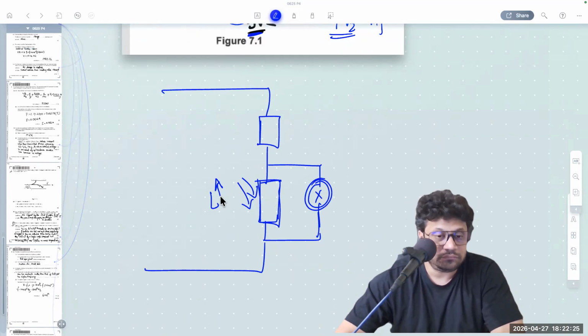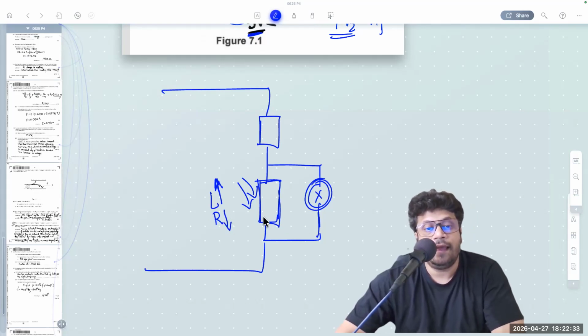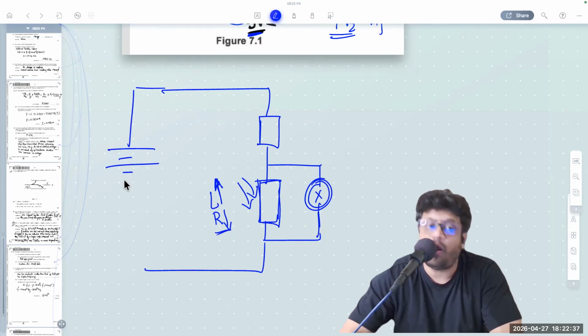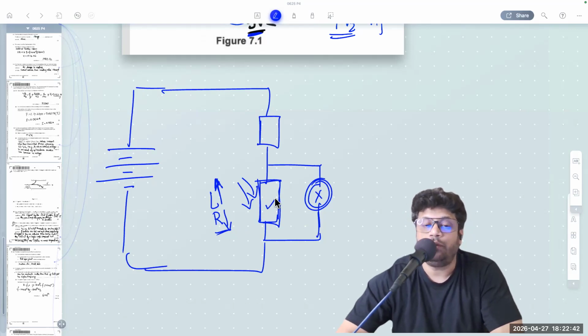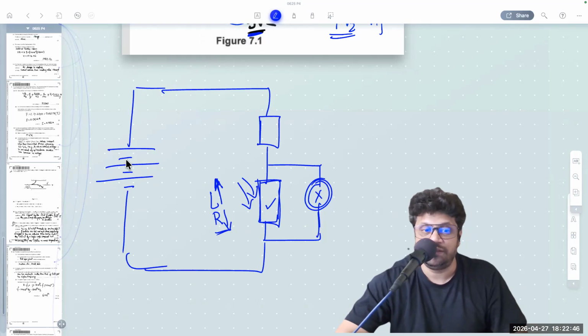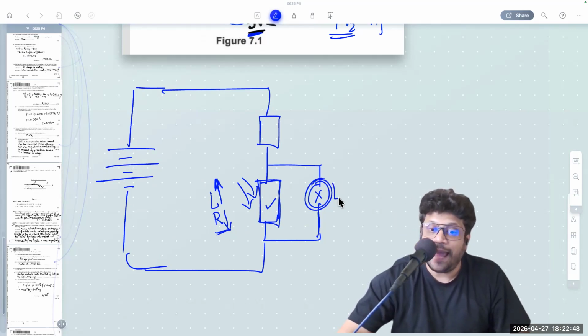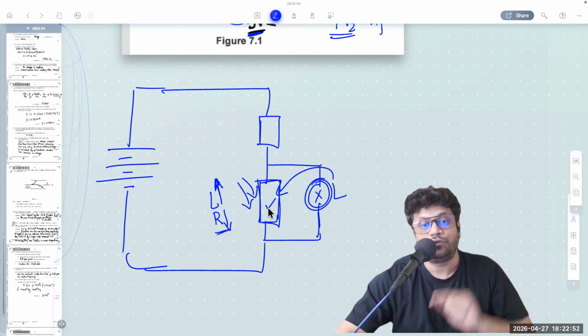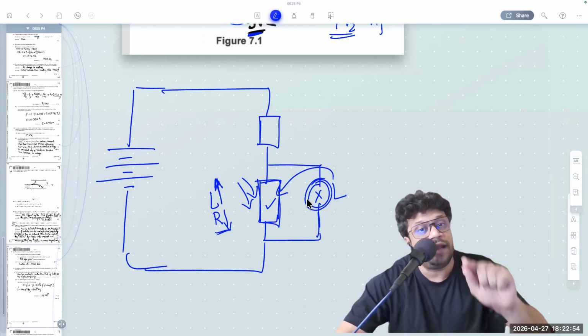See, if the light intensity increases, the resistance of it drops. If the resistance of it drops, this LDR will only ask for a smaller share of the total voltage from that source. The lamp is in parallel to that LDR, so the lamp will also get the same voltage.